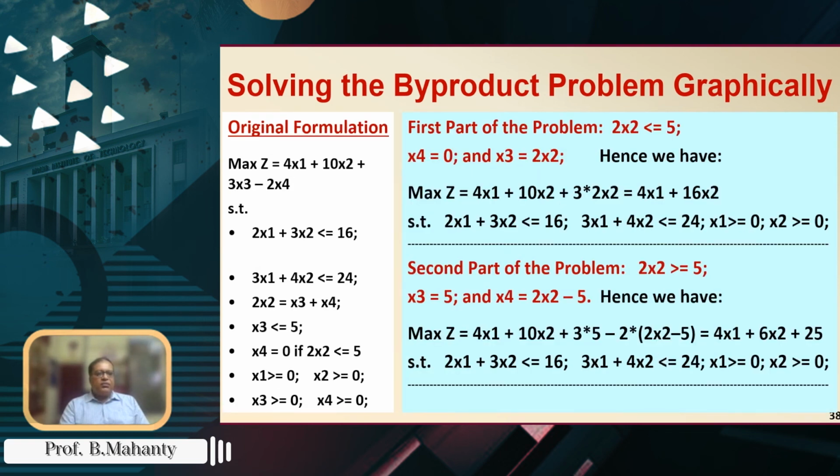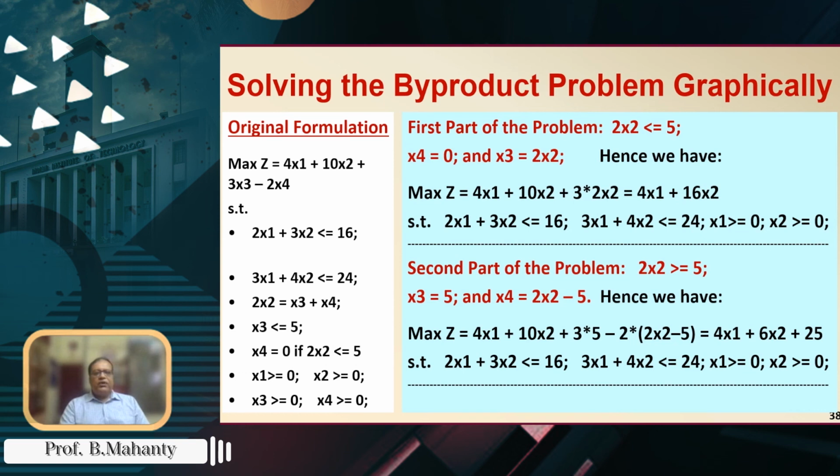All right, so then we can express the two parts. In the first part of the problem, 2x2 less than or equal to 5, x4 equals 0, and x3 is equal to 2x2. So 3x3 becomes 6x2. So 4x1 plus 10x2 plus 3 into 2x2, and x4 equals 0, so we ignore the minus 2x4 term.